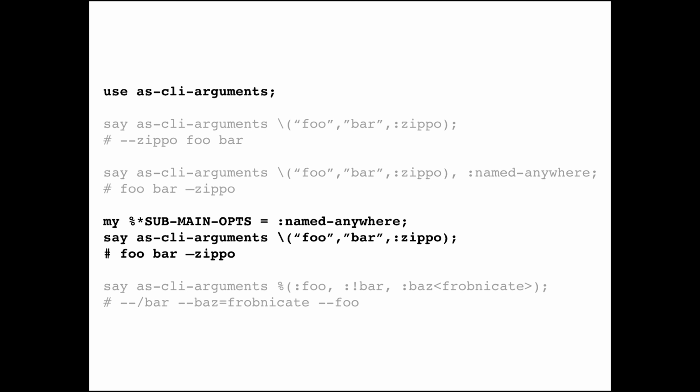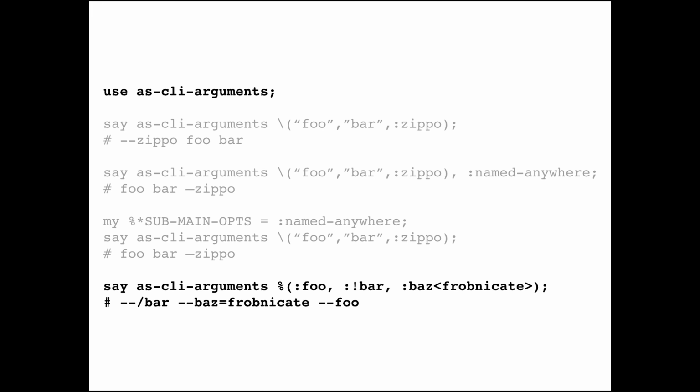If you don't specify anything, it will take the current setting of SUB MAIN opts. And if you just have a hash, you can actually show the hash if you want to, and it will show them in alphabetical order to be consistent. Otherwise, you could have different versions for different ordering in the hash that you provide.